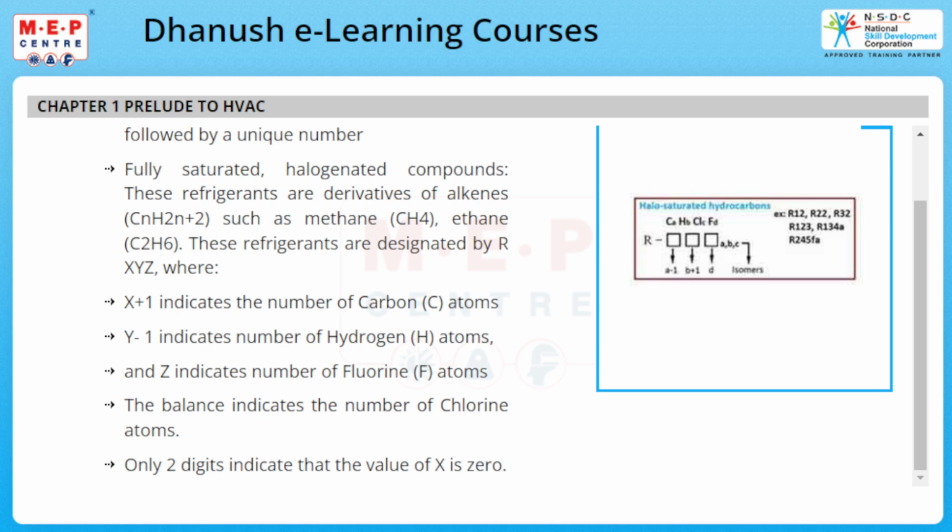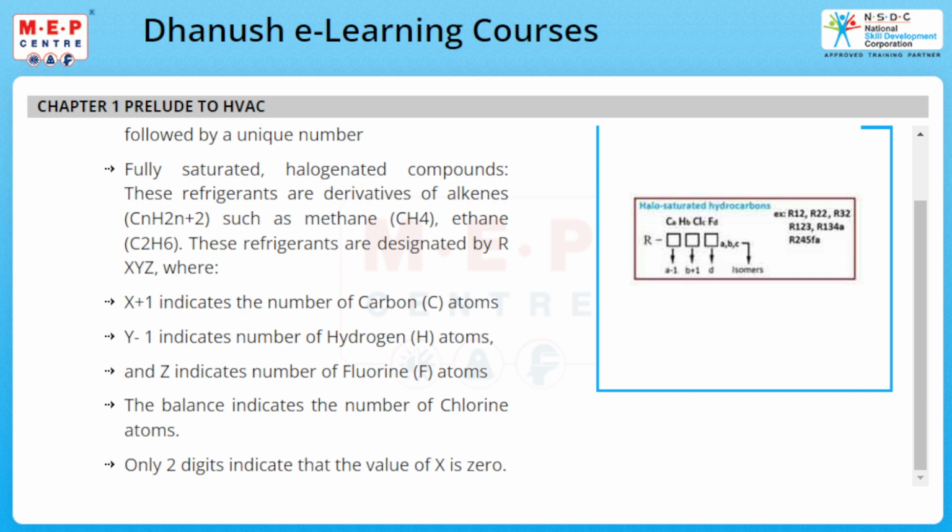Y minus 1 indicates the number of hydrogen H atoms. And Z indicates the number of fluorine F atoms. The balance indicates the number of chlorine atoms. Only 2 digits indicate that the value of X is 0.